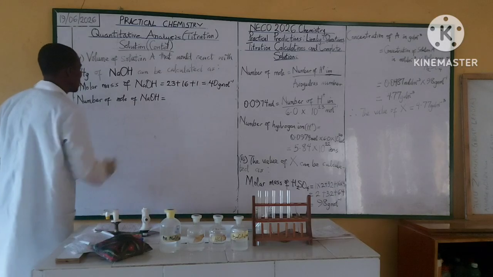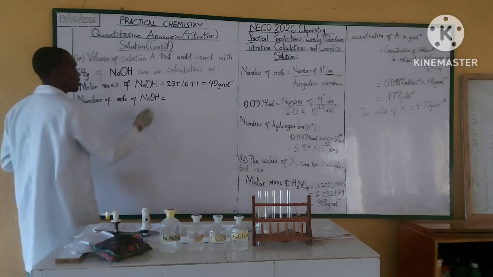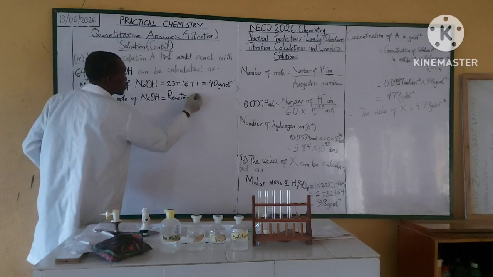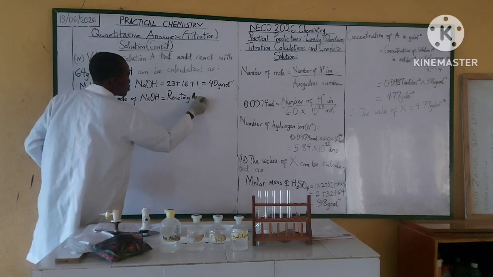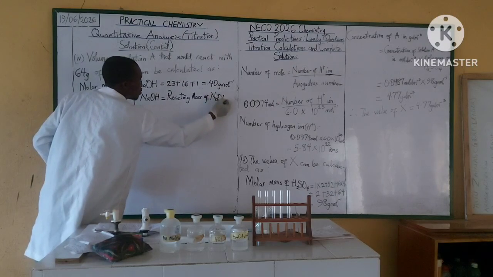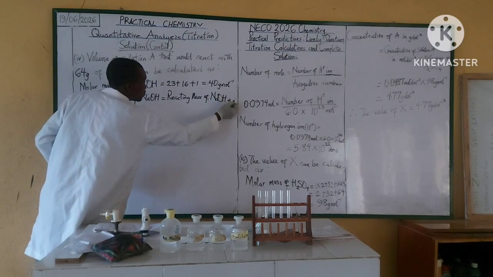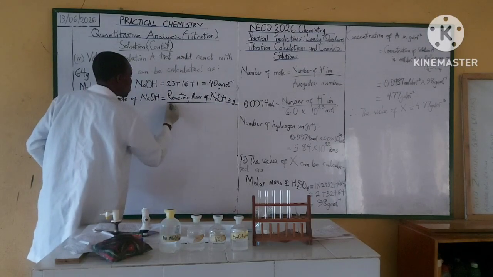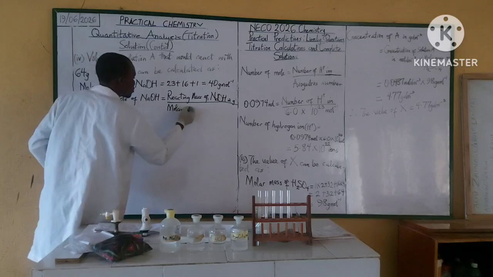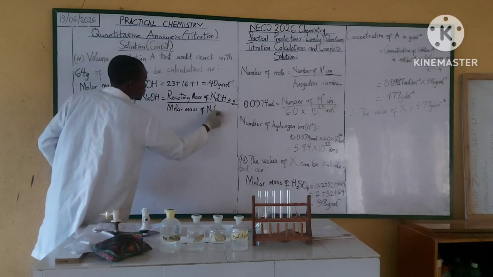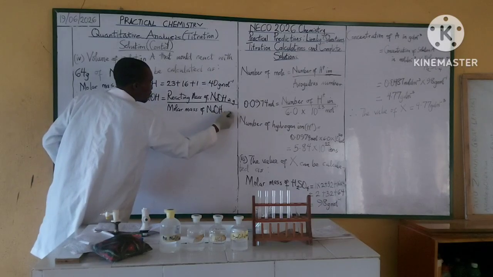Therefore, number of mole of sodium hydroxide equals reacting mass of sodium hydroxide in gram over molar mass of sodium hydroxide in gram per mole. Very important.